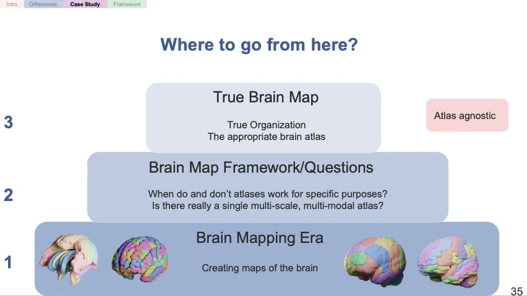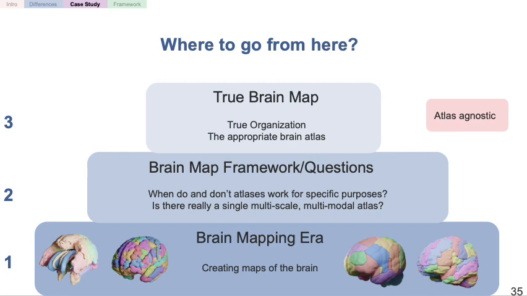So where do we go from here? Well, ideally, we want to find the true map of the brain that represents the true organization of the brain at the top of this diagram here, where the bottom level, the first level, represents the creation of brain maps. The second level represents our understanding of when atlases do and don't work for specific scenarios.